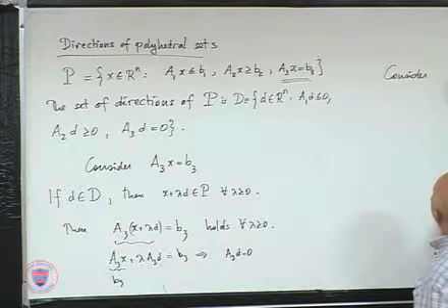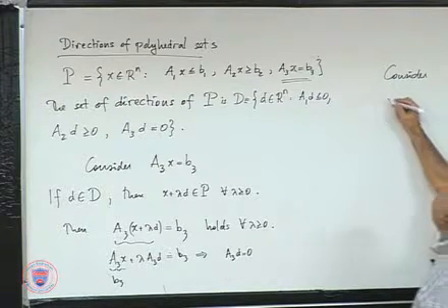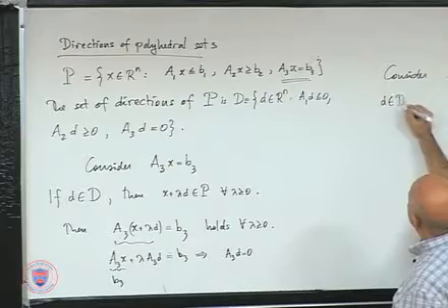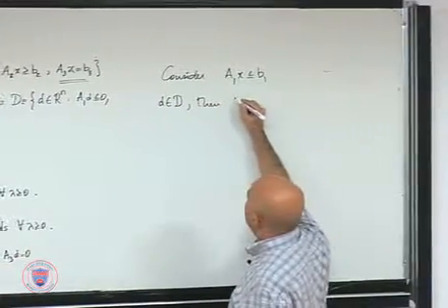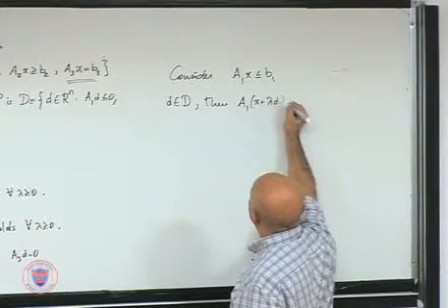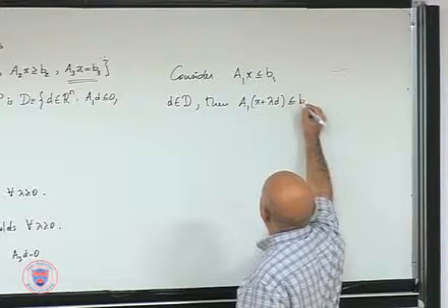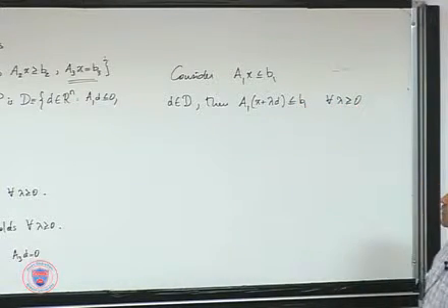if you consider A1x less than or equal to B1, this part, if d is in D, then we must have that A1x plus lambda d being less than or equal to B1 for every non-negative lambda.